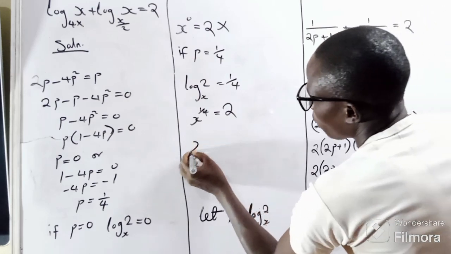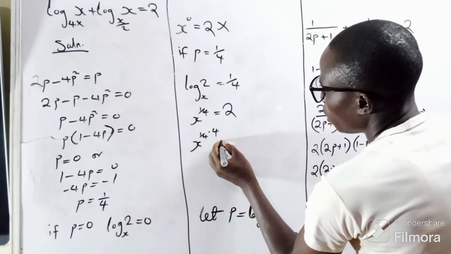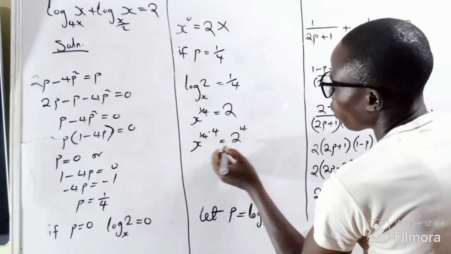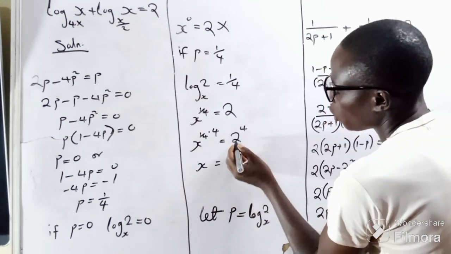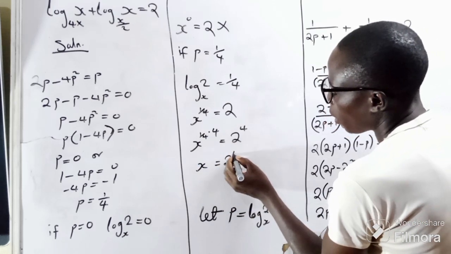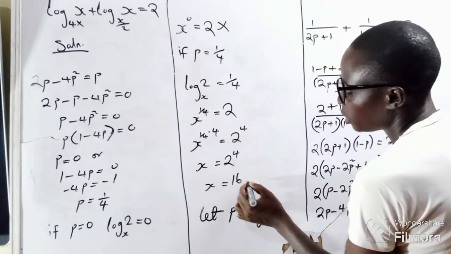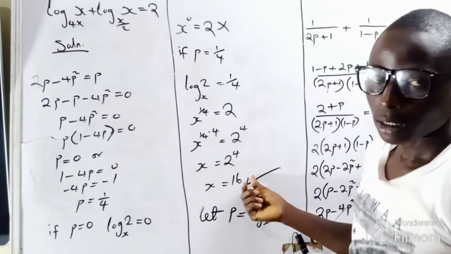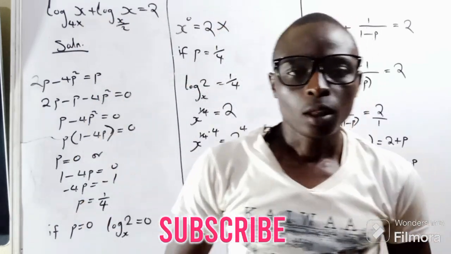So I'm going to have x to the power of 1 divided by 4 multiplying 4 is equal to 2 to the power of 4. So this 4 can take care of this 4. So I'm going to have x is equal to 2 to the power of 4. And of course, x is equal to 16. And 16 is the value of x that will satisfy this particular equation.